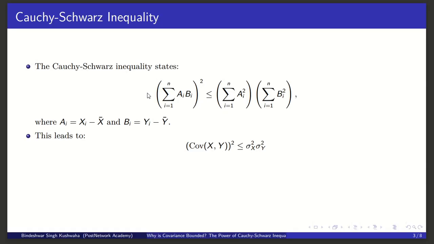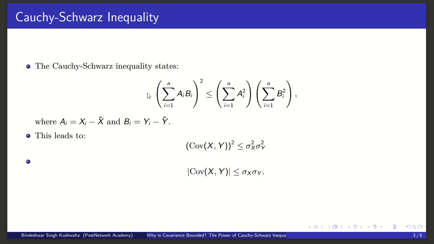If you plug in these values, you will get that covariance xy squared is less than or equal to sigma x squared times sigma y squared.